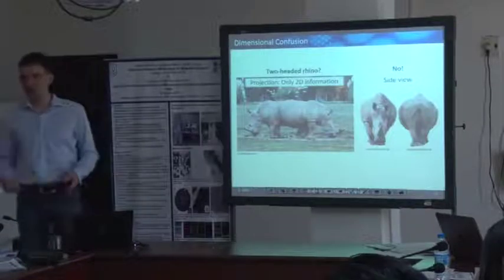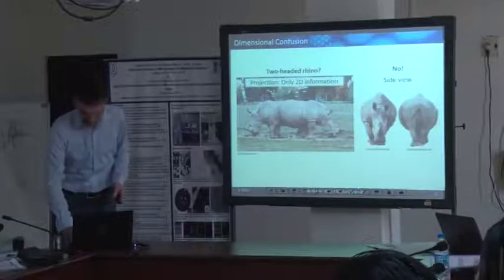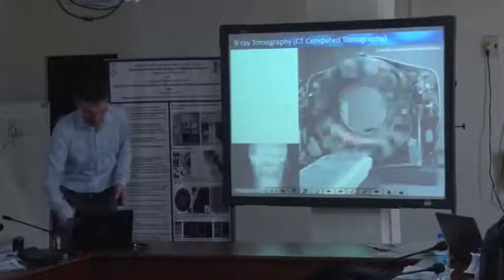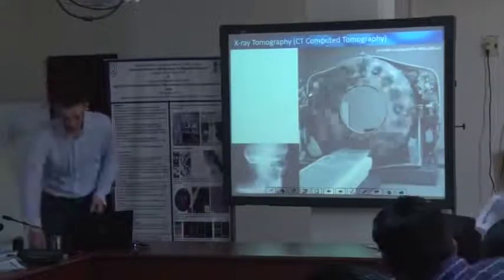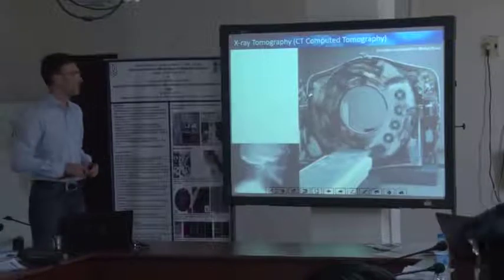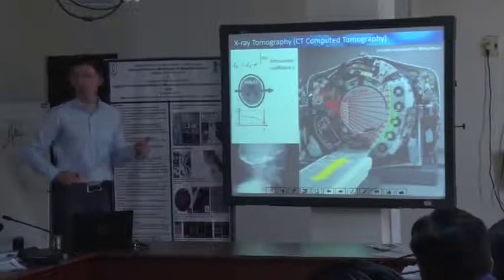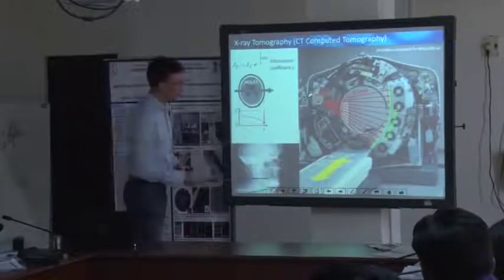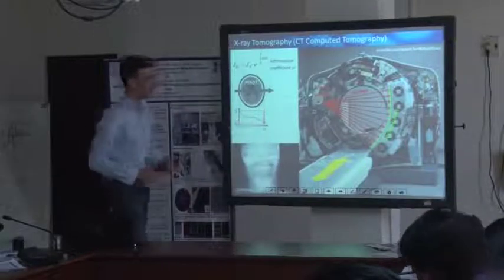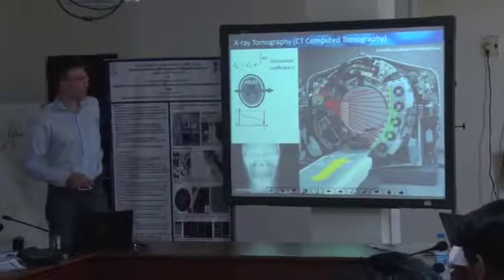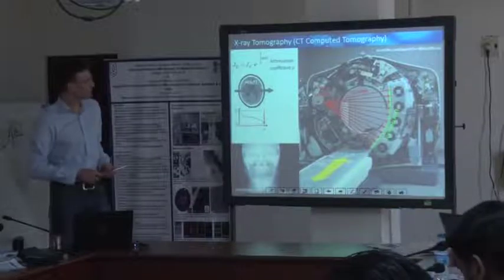This is electron tomography. You know it from CT, and this is why I would like to start with computed tomography first. This is what you might have seen already. This is an X-ray tomograph.